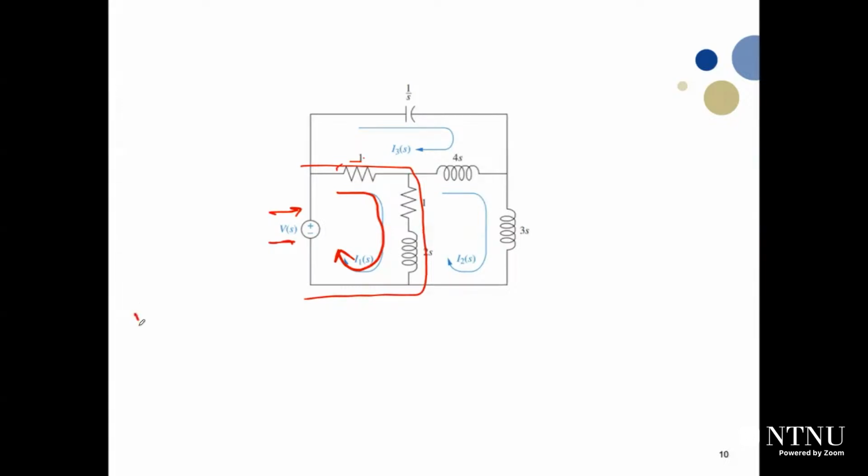So can you tell me V of S equals? Is it 1 or is it L on top? No, this is 1 because this is resistance, 1 ohm. So it means this resistor multiplied by I1 of S.